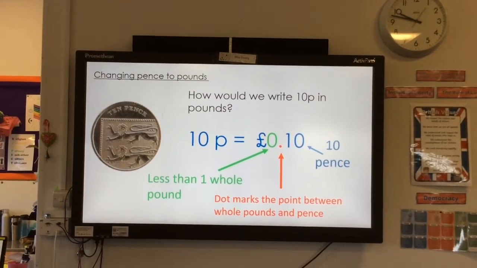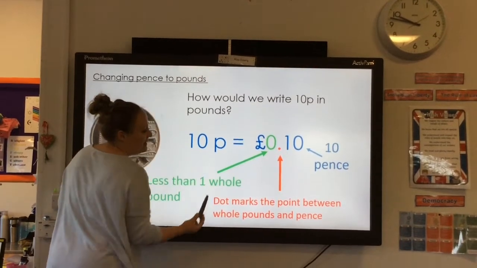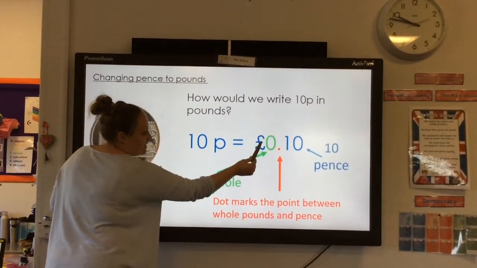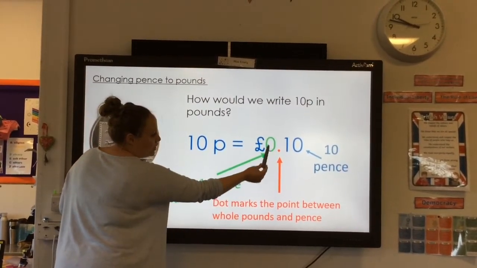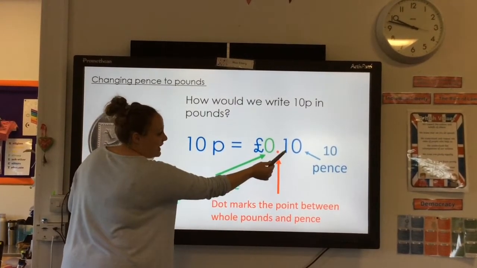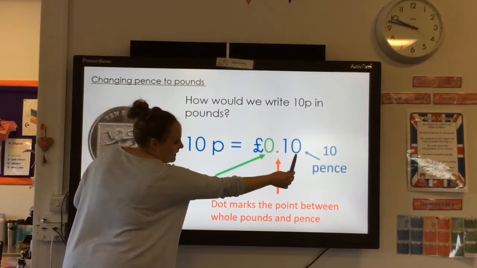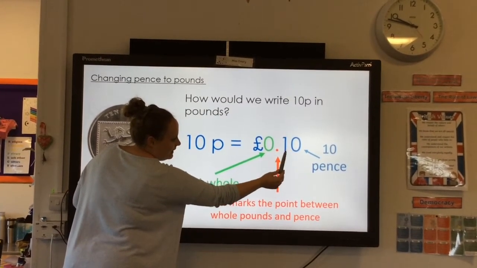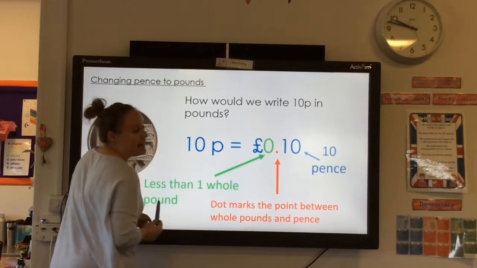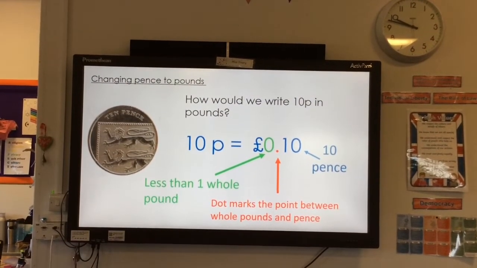Now remember that dot marks between whole pounds and pence. So you know you've got £0, you've got your dot to mark between pounds and pence, and then you've got 10p. Not 1p, so it doesn't go here. You've got 10p, you've got £0 and 10 pence. And that is how you write 10p in pounds.